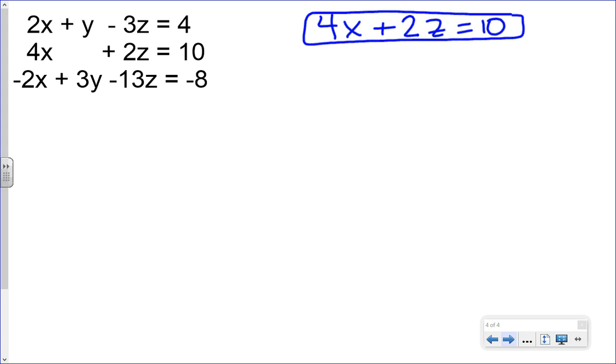So what would we need to multiply that first equation by? -3.